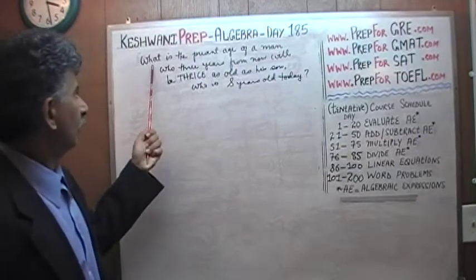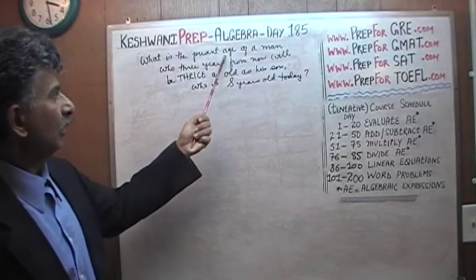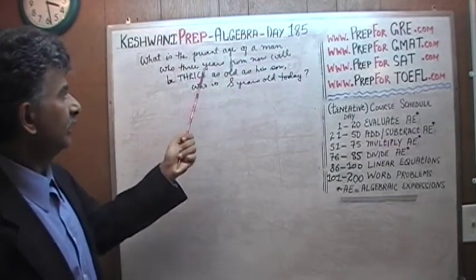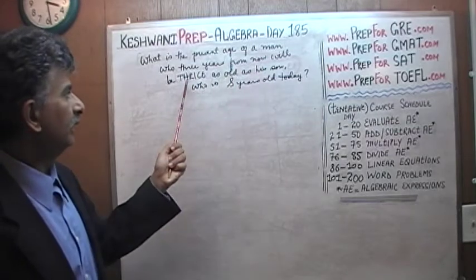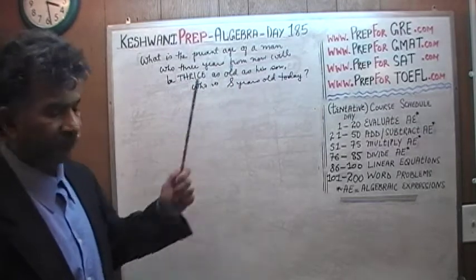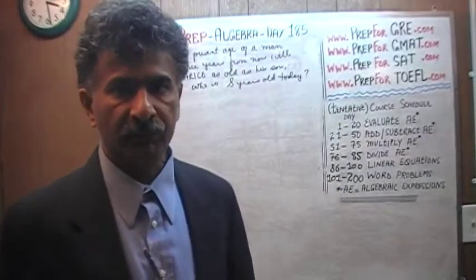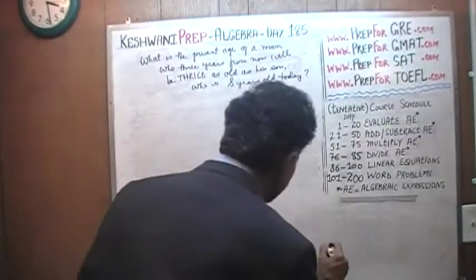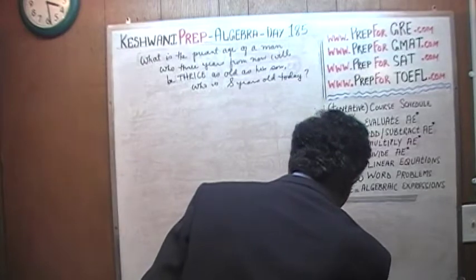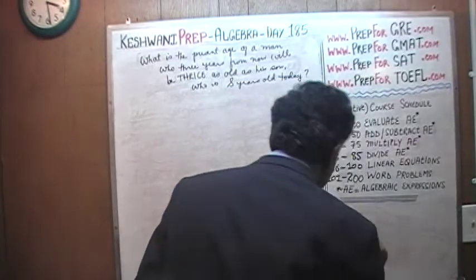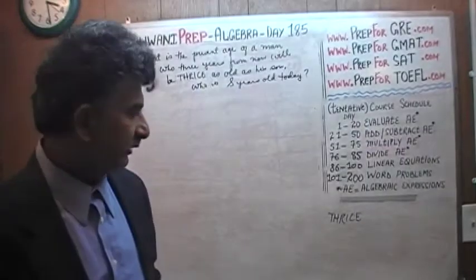I'm going to read it to you. It says, what is the present age of a man who 3 years from now will be thrice as old as his son? What does thrice mean? Thrice, not twice, T-H-R-I-C-E.